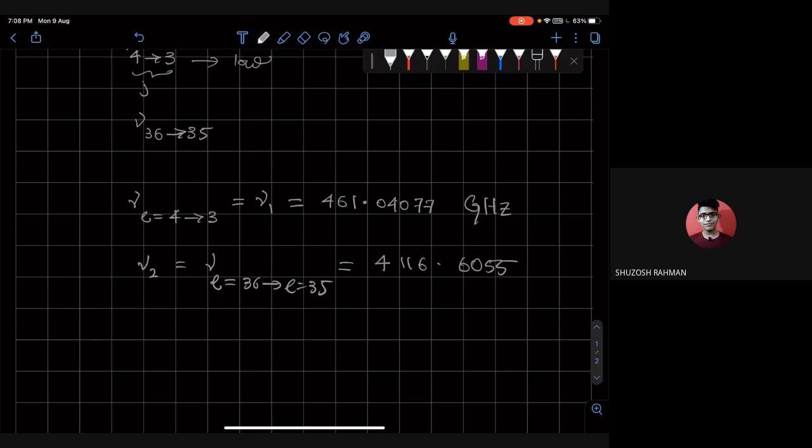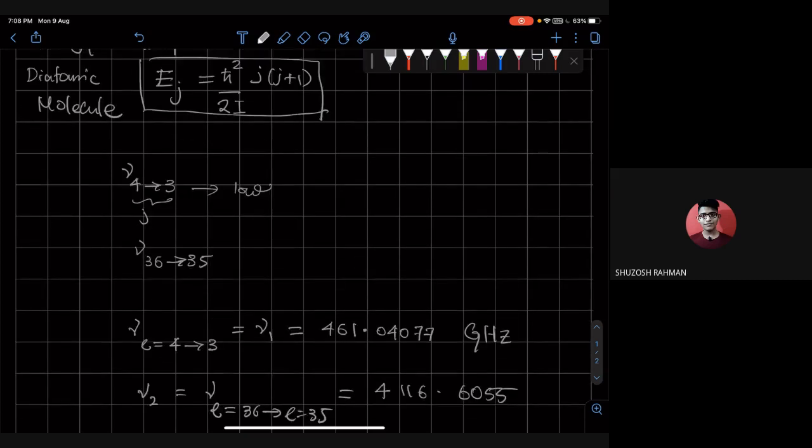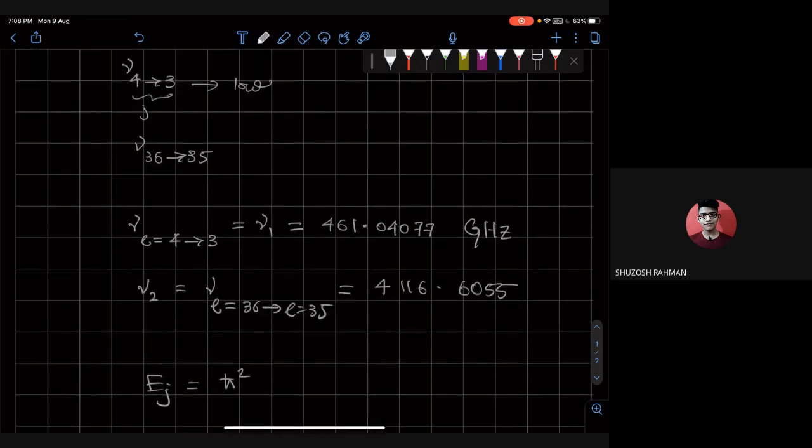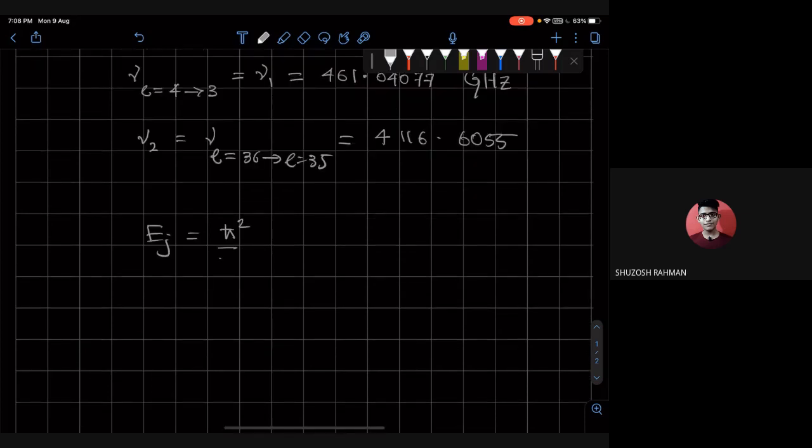Now let's look at this energy level formula. E of J is going to be h squared by 2I times J times J plus 1.